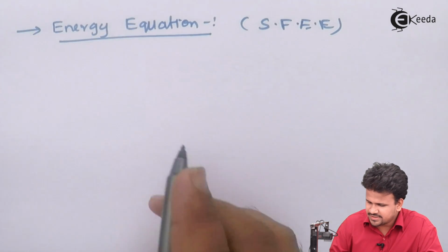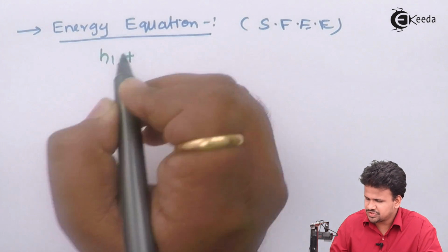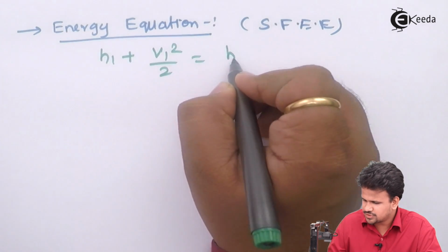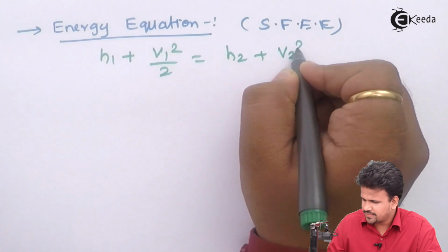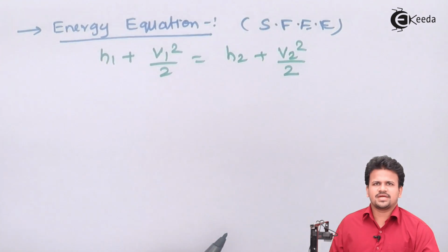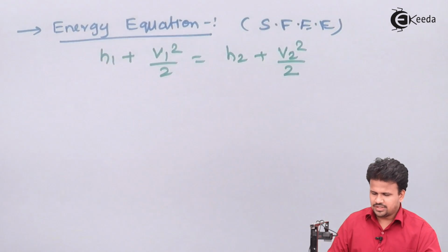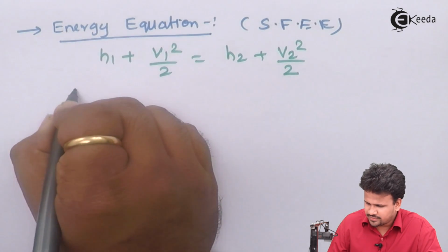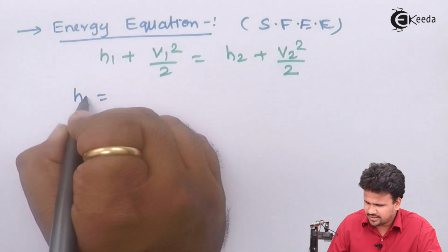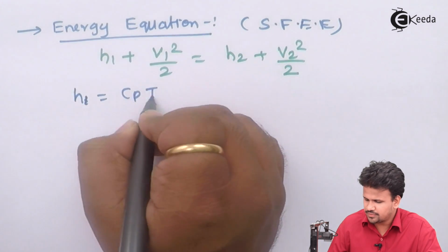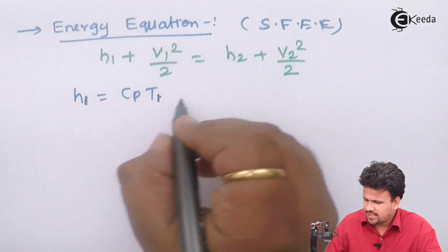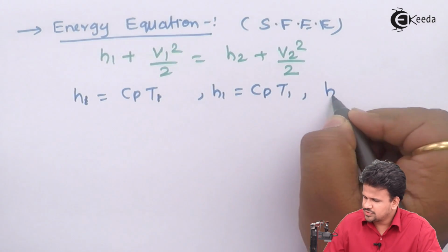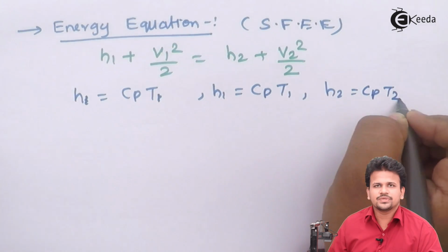That is the enthalpy, which will be changing: H1 plus V1 square by 2 is equal to H2 plus V2 square by 2. So this is the steady flow energy equation. Now we know that enthalpy is equal to Cp into temperature, hence H1 is equal to Cp into T1 and H2 is equal to Cp into T2.